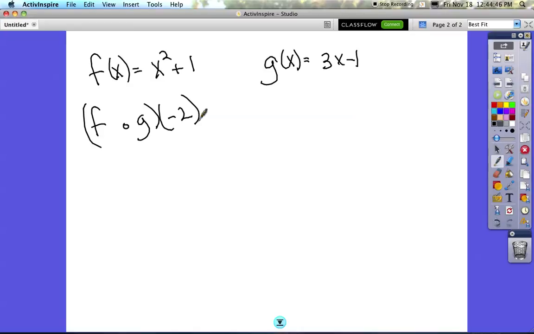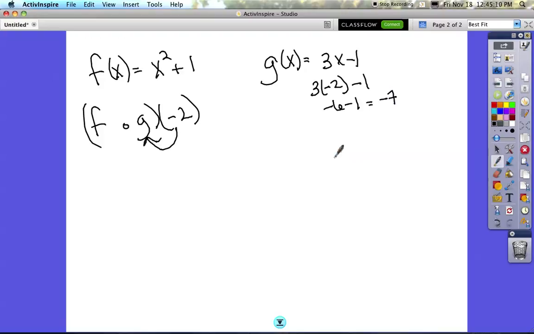Okay, we're starting with what is our x? Negative 2. It's going to go into the g. So negative 2 into the g would be 3 times negative 2 minus 1. That's negative 6 minus 1, which is negative 7.